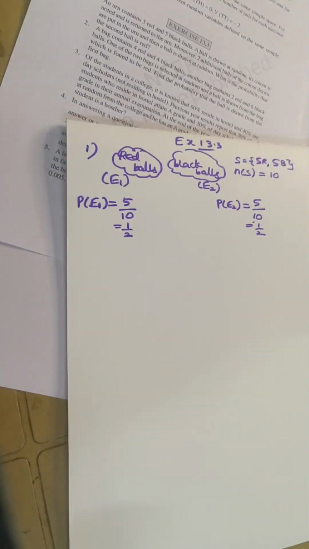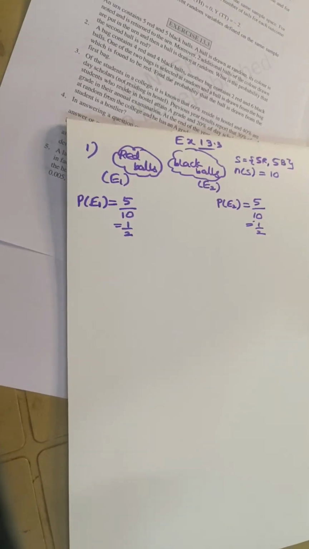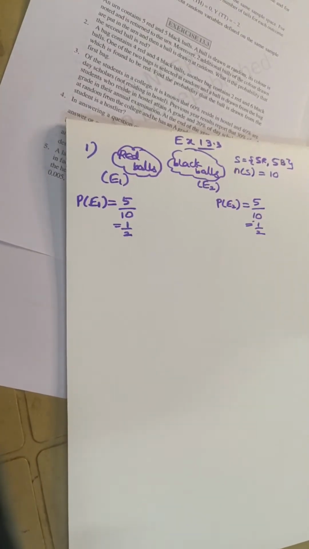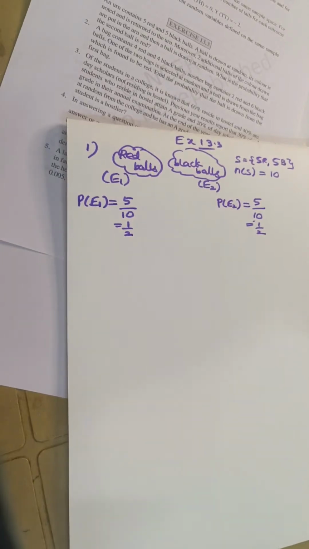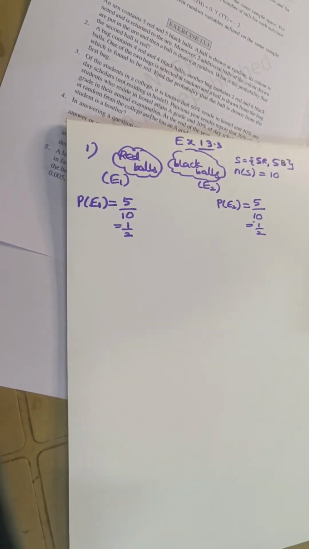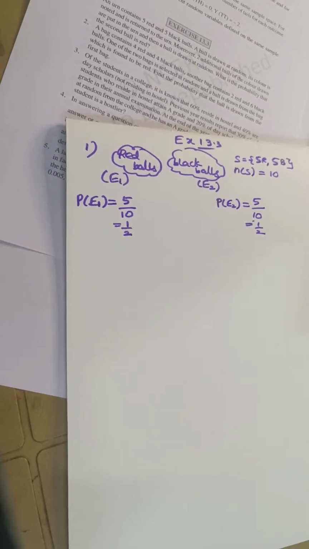A ball is drawn at random. Its color is noted and returned to the urn. Moreover, 2 additional balls of the color drawn are put in the urn. They didn't mention which color.